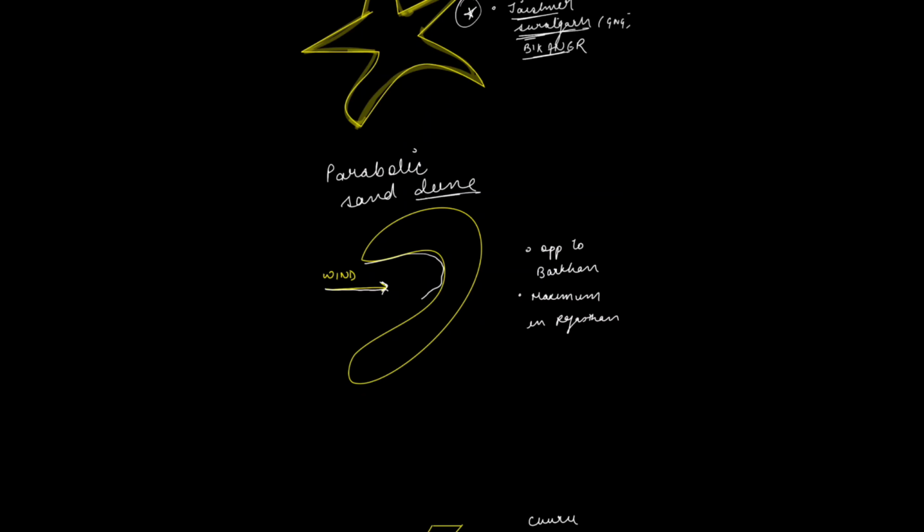The shape that is obtained is not a proper parabolic. One arm is stretched. So this is the parabolic sand dune, and it is opposite to Barkhan, and it is maximum found in Rajasthan.